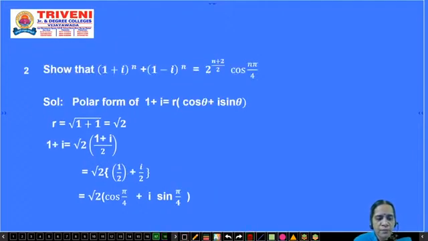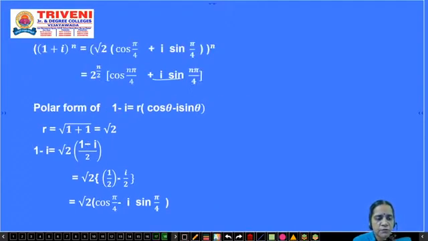Next, the polar form of (1 - i) whole power n. Here also we have to find the value of cos theta. 1 - i is equal to r into (cos theta - i sin theta). Why are you writing minus here? Because 1 - i is there, then you have to write minus.